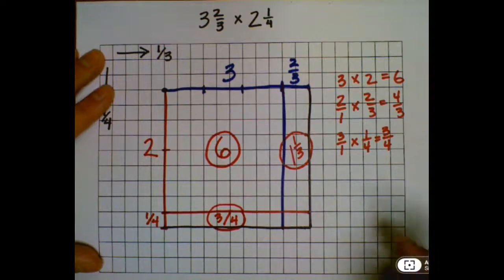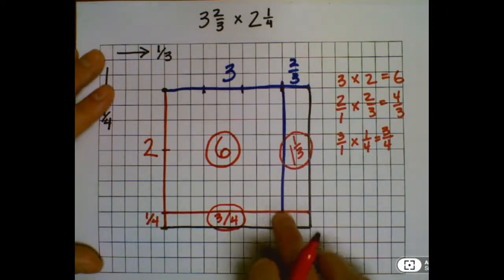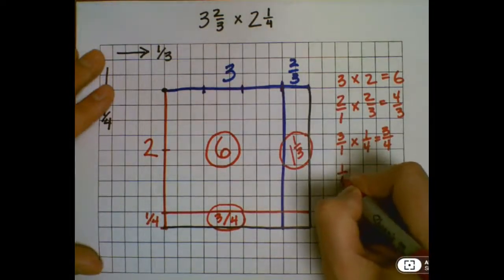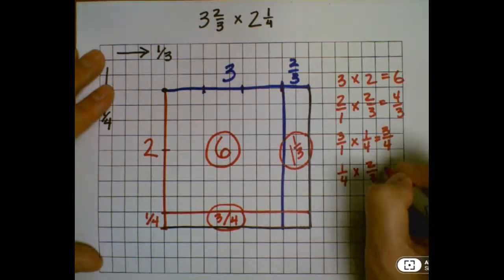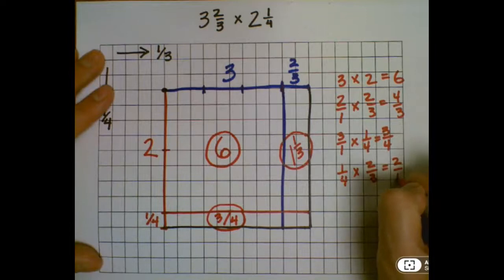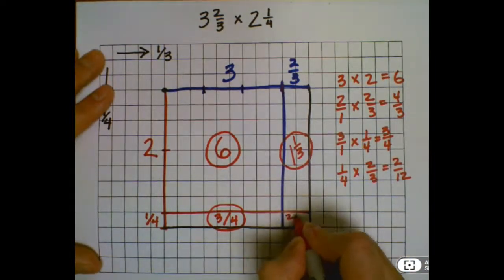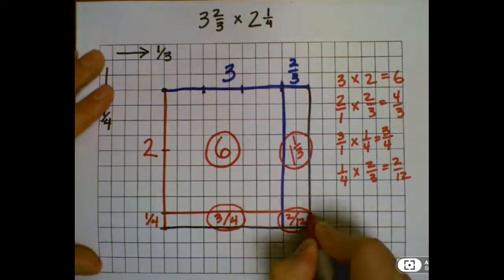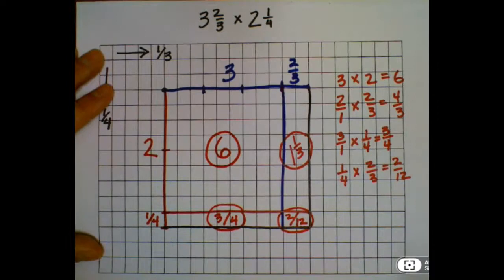And lastly, to get this tiny area here, this is 1/4 high by 2/3 across, and 1/4 times 2/3 is equal to 2/12. Now some of you might be saying I could simplify that into 1/6. Yes, I could, but you're going to see in a moment why I don't want to do that right now.